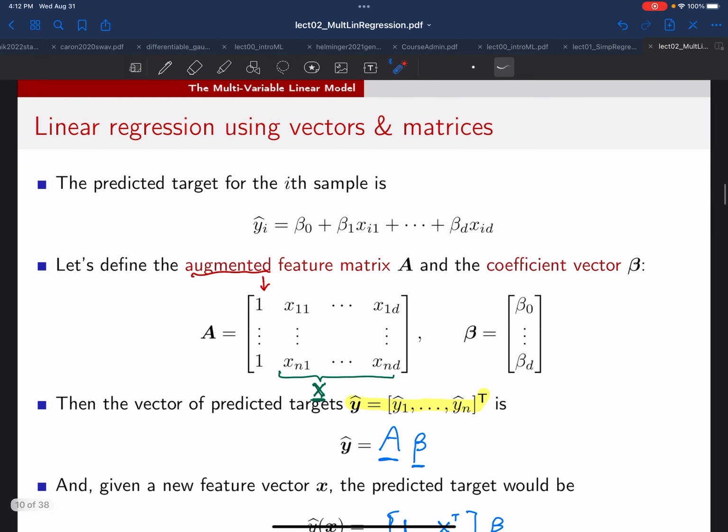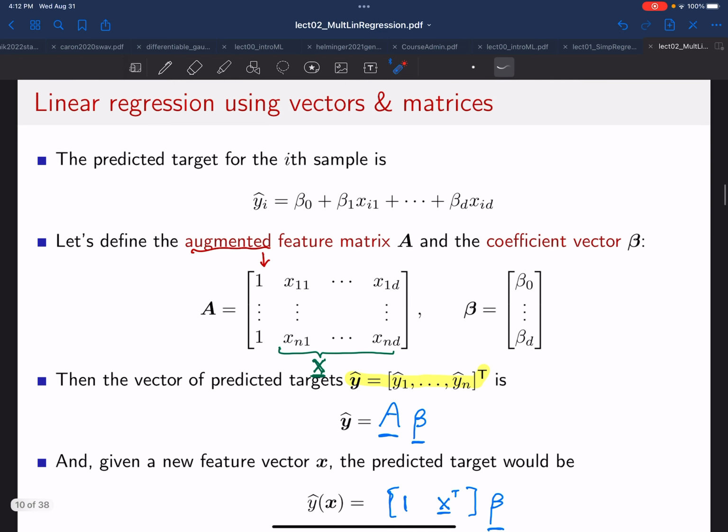So the first thing we did to prepare ourselves to do this is to write the model more concisely, where we said, let's stack all of our predictions, yi hat, into a column vector. So that's what we have over here. We have y1 hat all the way down to yn hat.